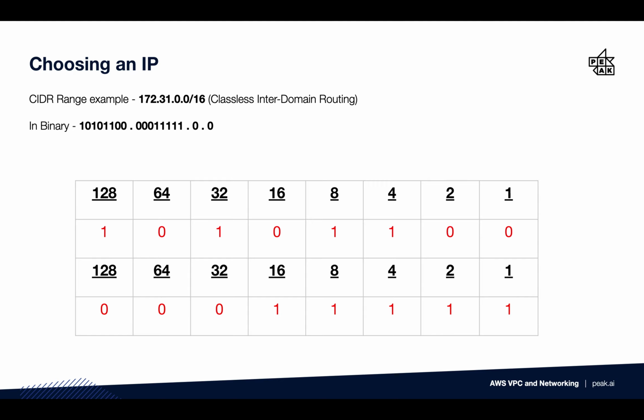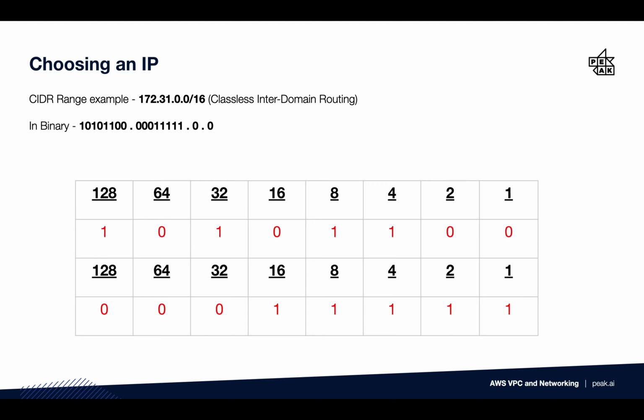Now, when you need to choose an IP address and an IP address range, it often helps to have some understanding of how the machines, the computers, see these IP addresses to help you calculate the ranges, how many IP addresses would be available, and so on.